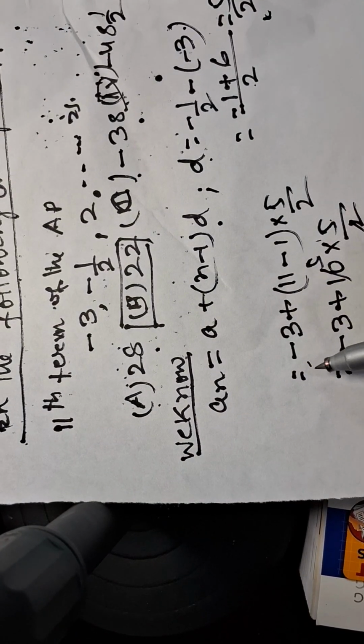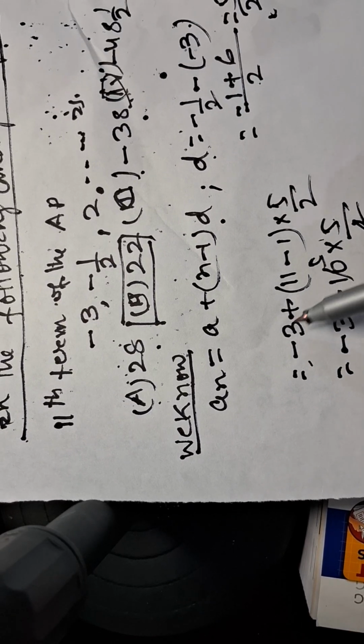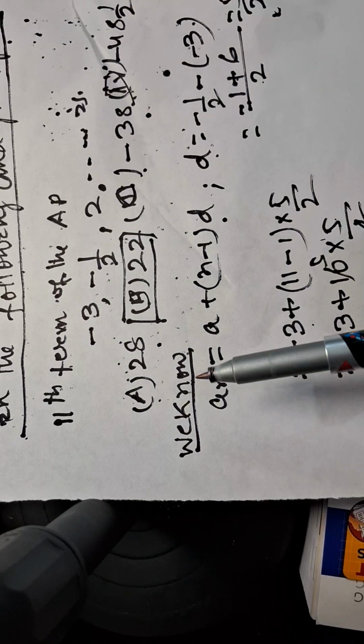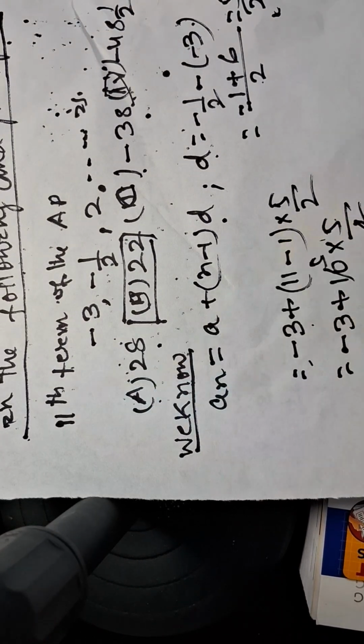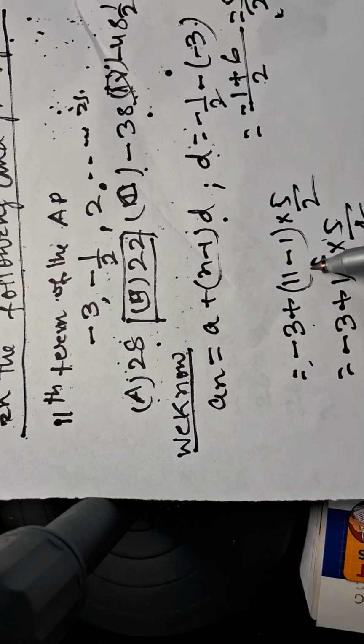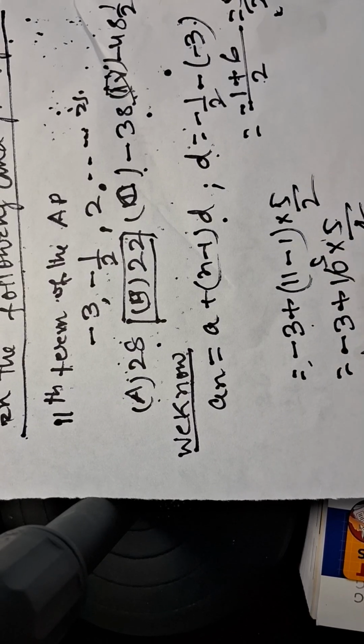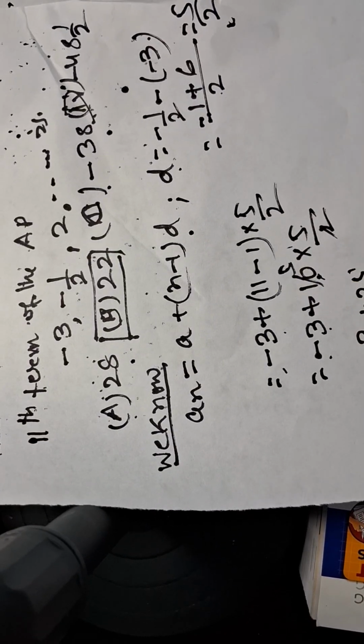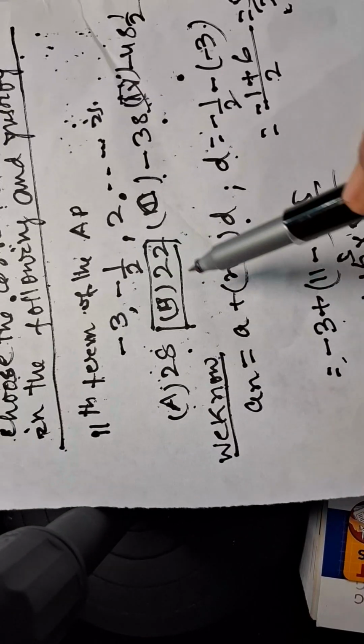Now an will be minus 3 plus 11 minus 1, we will have to find the 11th term. 11 minus 1 into 5 by 2. Minus 3 plus 10 into 5 by 2. 2 fives are 10, so minus 3 plus 25. The answer will be 22. The right answer will be 22.